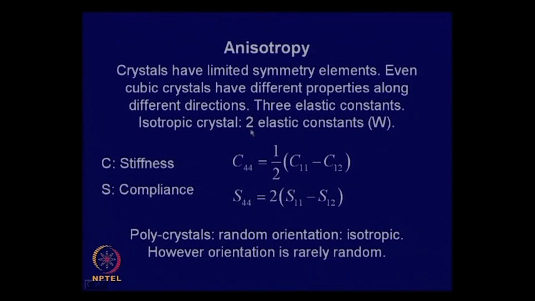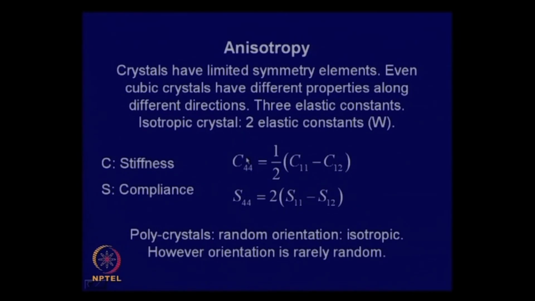Usually, for an isotropic material, one is the Young's modulus and the other we can take as either one of two. Very often we use the Poisson ratio as the other elastic constant, and if these two are known, the shear modulus can easily be found out.